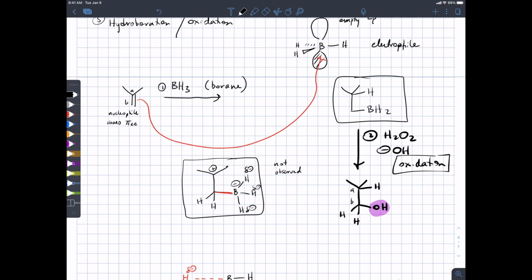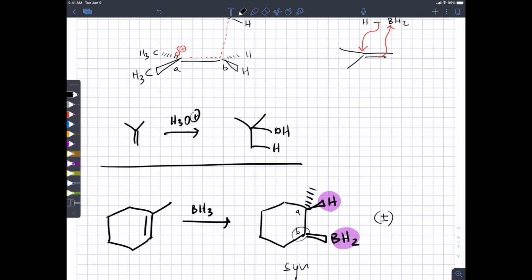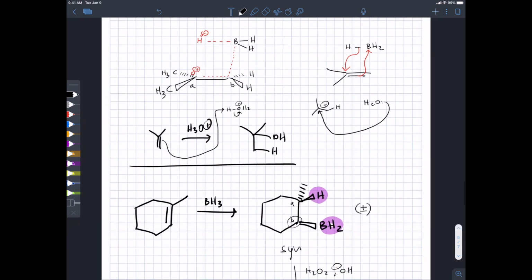In other words, OH ends up on carbon A. If you do the reaction under acidic conditions, the mechanism is what we would get from last time, where we remove a proton from the acid to get a carbocationic intermediate. You make the new bond with hydrogen such that the positive charge can be on the more substituted carbon where it's more stable, and that's where the nucleophile comes in and attacks.